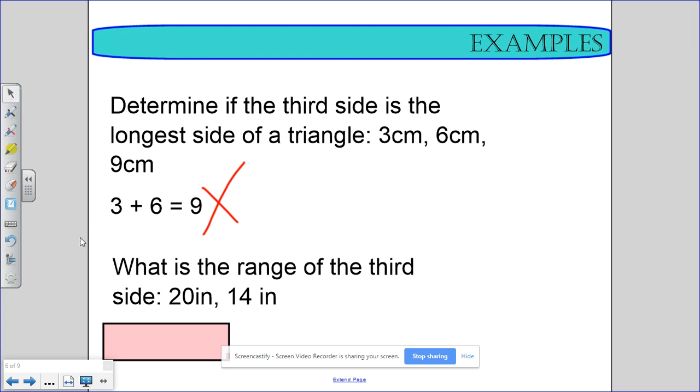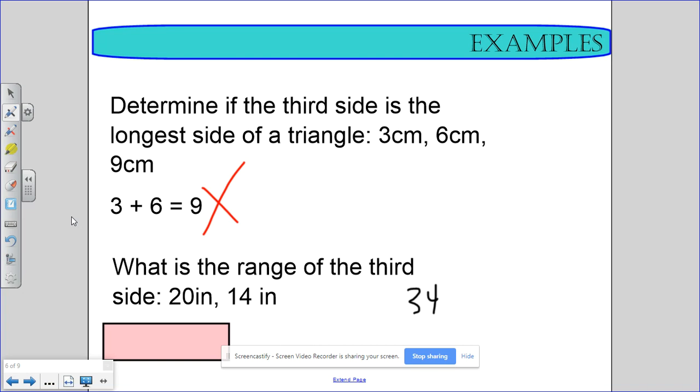And then you're also going to be asked, what is the range of the third side? So you have to look at both sides of this. If 20 and 14 are our smallest sides, we add them together and we're going to get 34. That means that that other side cannot be 34 or greater.